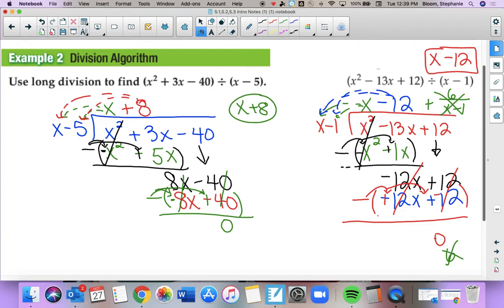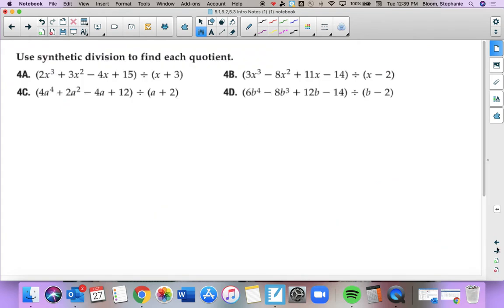Now we're going to do synthetic division. Here's how synthetic division works. I'm going to write this over here. The key to synthetic division is that you always have to be dividing by x minus some number.